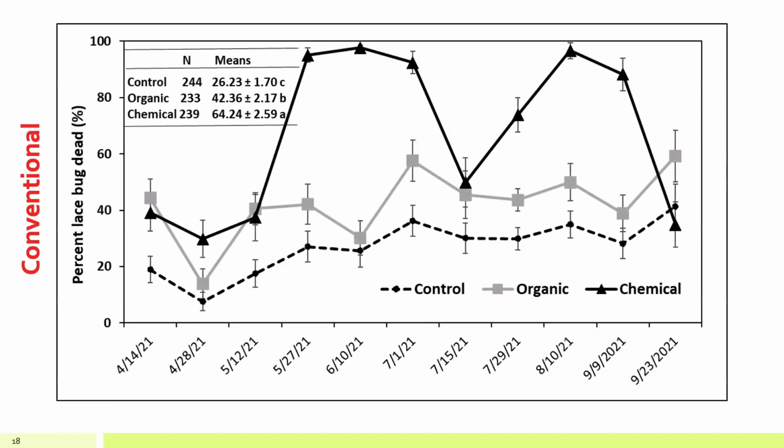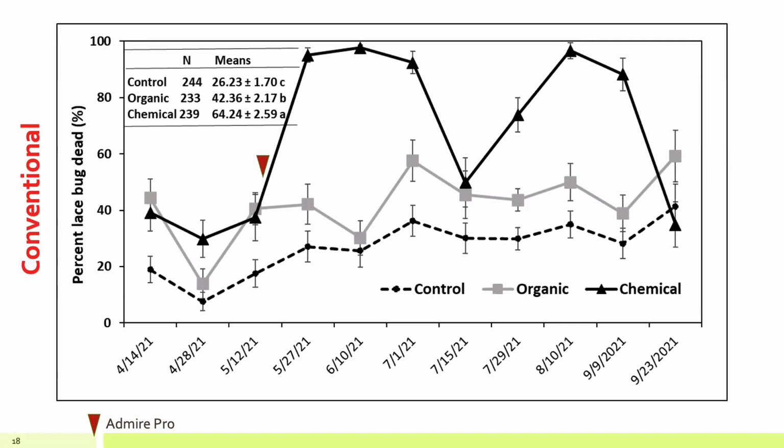So if we look specifically at the conventional treatments, in terms of percent ALB dead on the leaves, the chemical treatment resulted in the highest ALB death, whereas the organic sprays had an intermediate mortality rate compared to those conventional products.